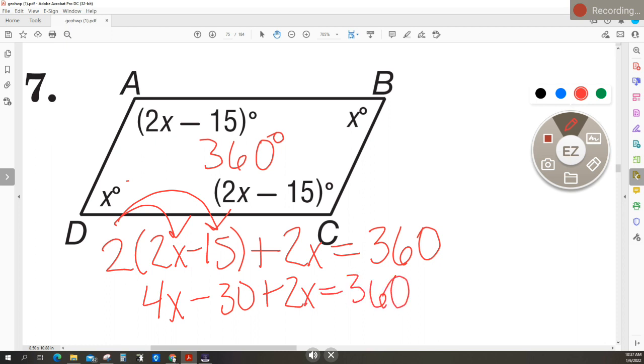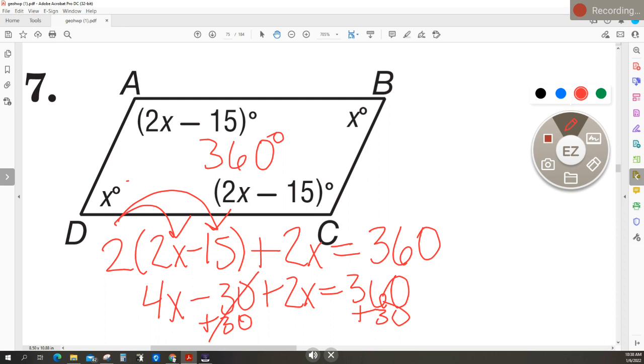What next? What should we do next? So add that 30. So we can totally do that if that's what y'all want to do. So we'll add 30 to both sides so we move it.